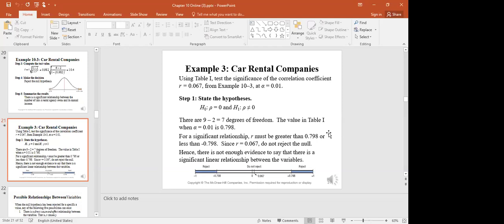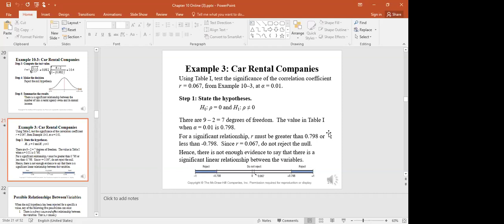So using table I, which is on page 659, test the significance of the correlation coefficient r equals 0.067 from example 10.3 in your textbook.